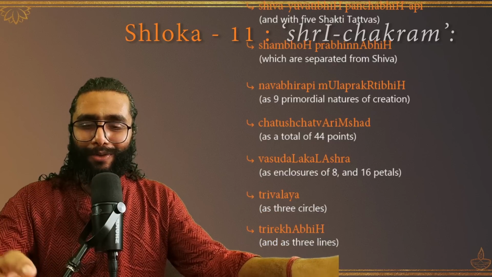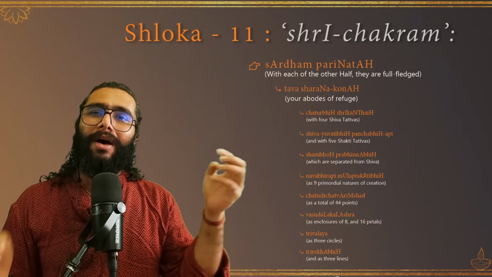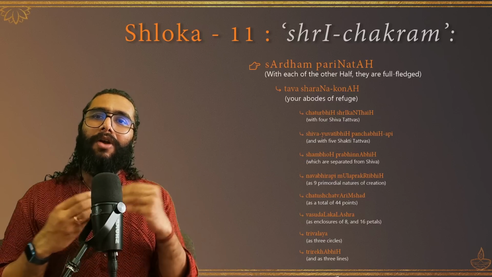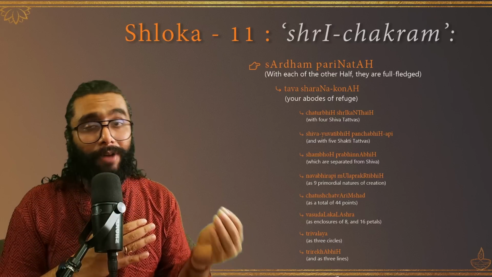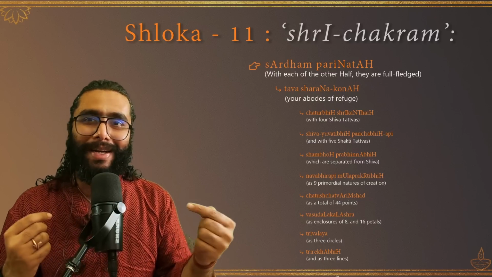Thus, in this form, the places of your refuge are full-fledged, along with the other half, one half being Shiva, the other half being Shakti. We'll get to this, we'll understand this in more detail.